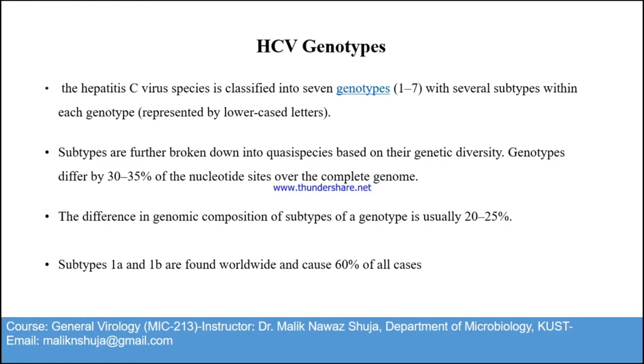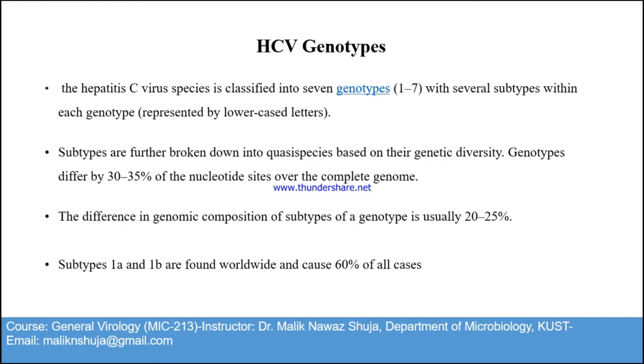On the other hand, each genotype is further split into different subtypes. This indicates that these subtypes belong to the same genotype. For example, genotype 1 has many versions, and all these versions are subtypes of genotype 1, for example 1A, 1B, 1C, and so on.